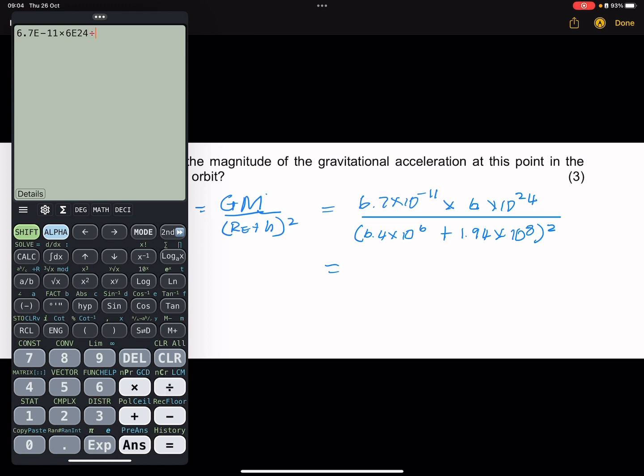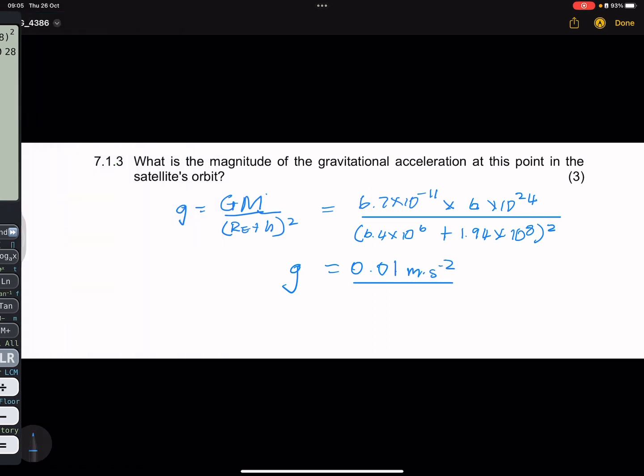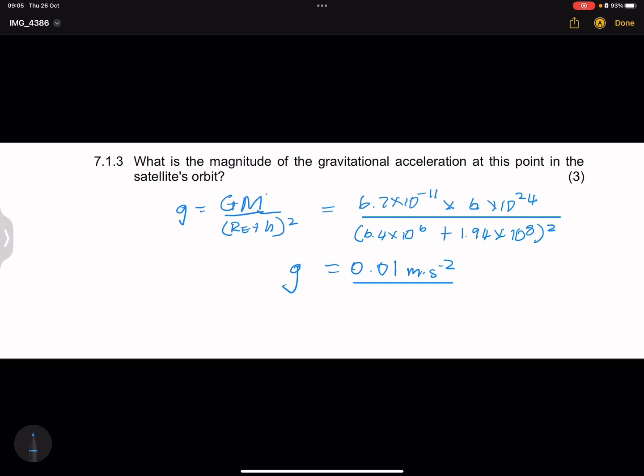And this is divided by 6.4 exponent 6 plus 1.94 exponent 8, and this is squared. We get a gravitational acceleration of 0.01 meters per second squared. It is quite a distance from the earth, but yeah.